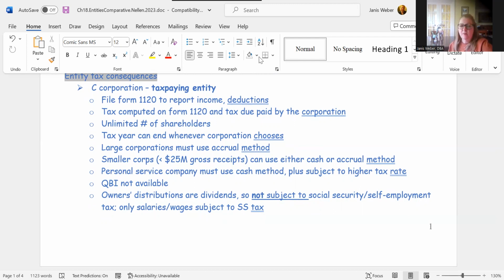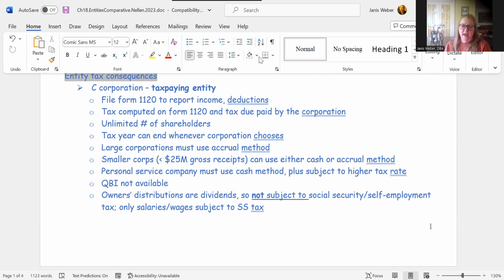And then the next thing, personal service companies must use the cash method, and they are subject to the highest tax rate. Well, right now, everybody's tax rate is 21% if they're a corporation. So the personal service corporations are not feeling any pain from this. But if the rates ever go to a graduated rate, then the personal service corps would be subject to the highest rate that's out there.